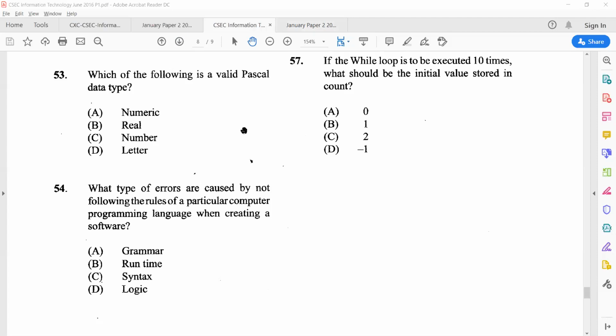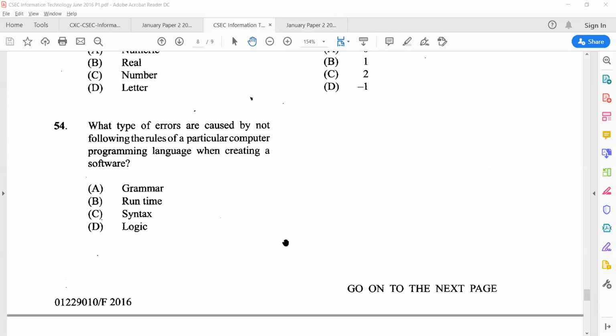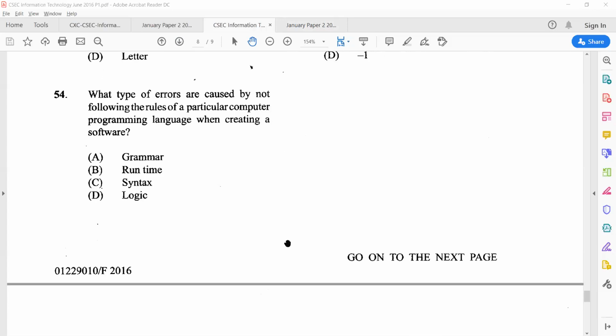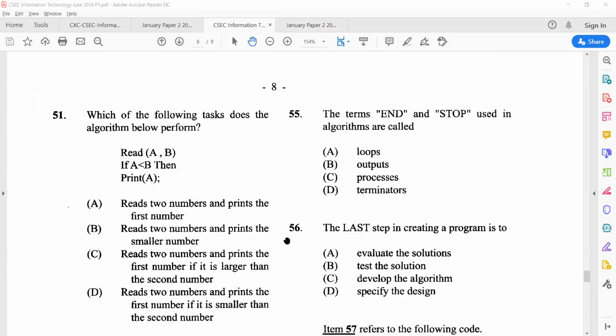Right, so remember, following the rules of the programming language is the syntax. So if you're not following those rules or instructions, an error will be generated, and that error will be referred to as a syntax error. Okay, so that's it for 54.